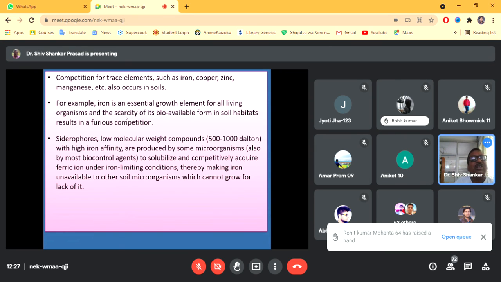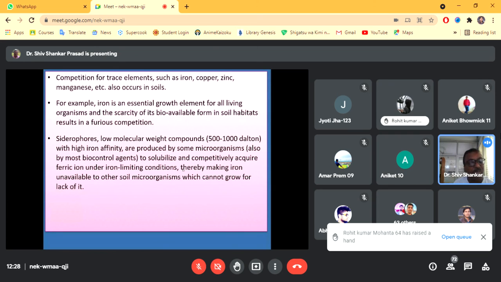So siderophores are low molecular weight compounds with high iron affinity. Usually biocontrol agents and plant growth promoting bacteria solubilize and completely acquire the iron that exists, and that makes the iron unavailable to other soil microorganisms that cannot grow without it. These are typically pathogenic or deleterious types of microorganisms.